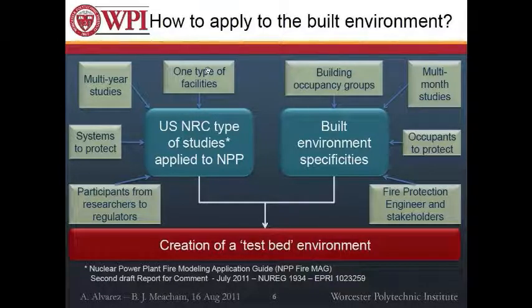In that case, we have one type of facility, nuclear power plants, and multiple building occupancy groups and diverse kinds of systems and building occupants. For the NRC also, the systems have to be protected because of their final objective. In the built environment, we have to protect the occupants. So all these analyses led to the creation of what we call a testbed environment.